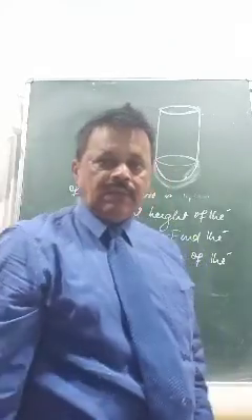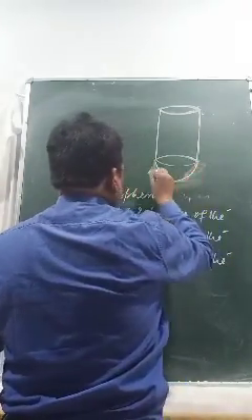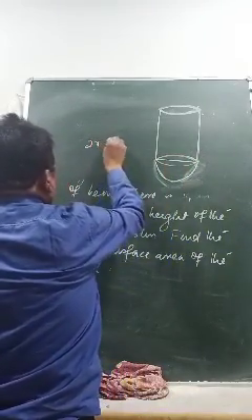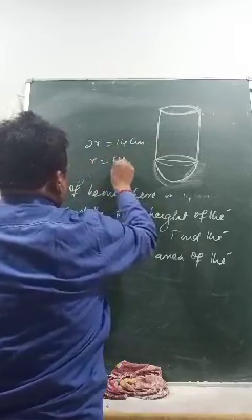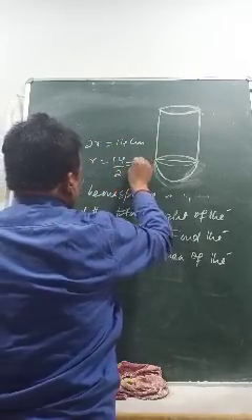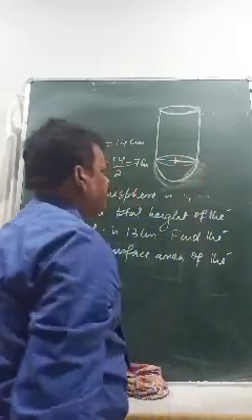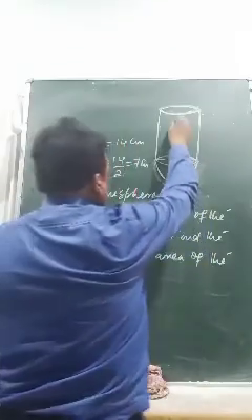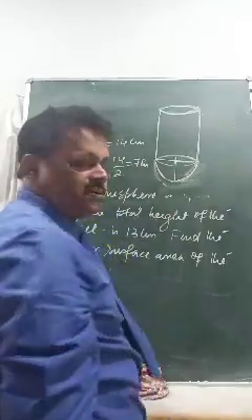Okay, then the diameter is this one. 2r is 14 centimeter. So r is equal to 14 by 2, 7 centimeter. So this is the radius for hemisphere, radius for cylinder, and radius for hemisphere also.